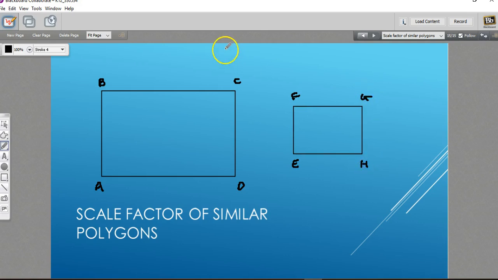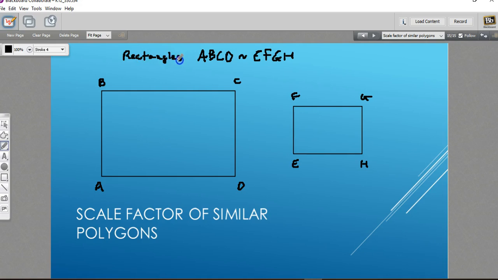Okay? So we know that ABCD is similar to EFGH. And they also tell us that they are rectangles too. We'll just write rectangles in front here.